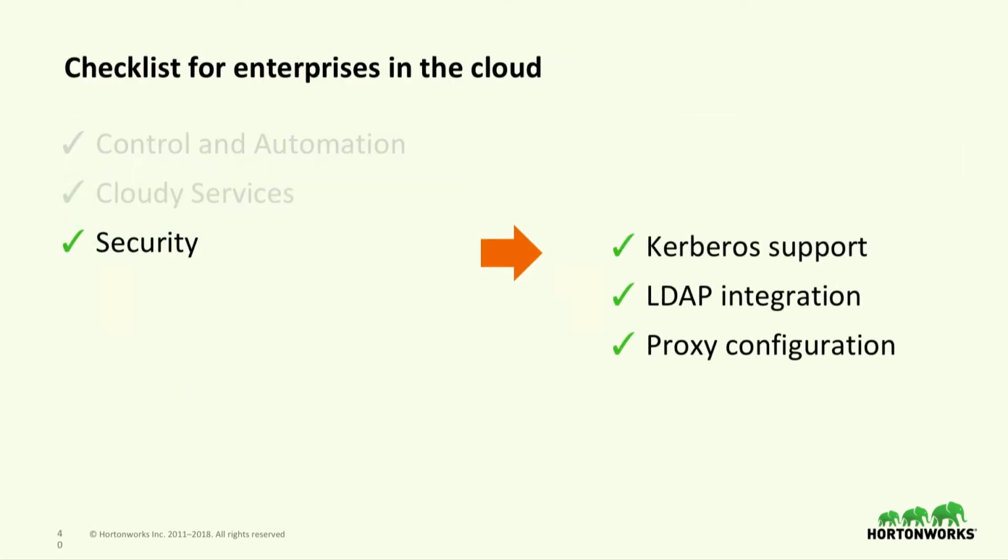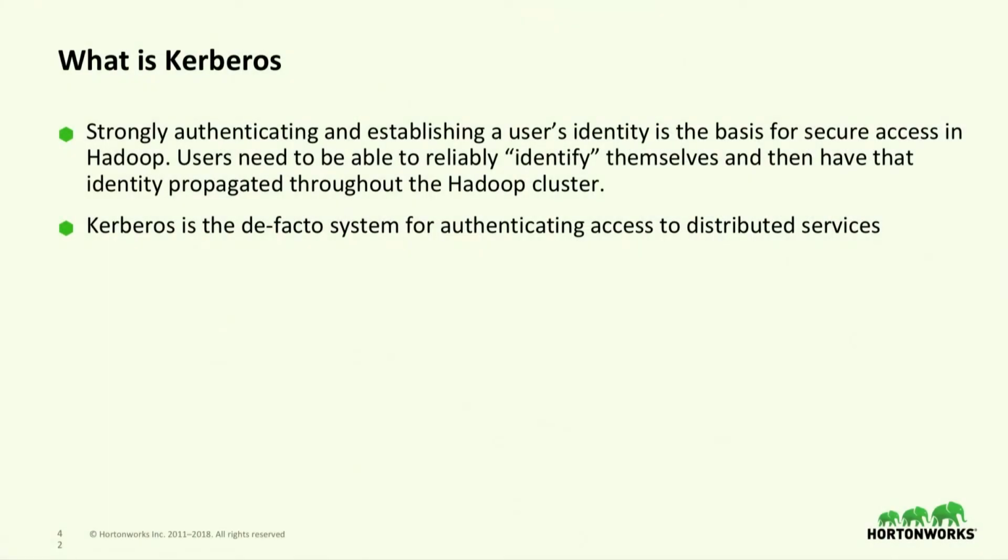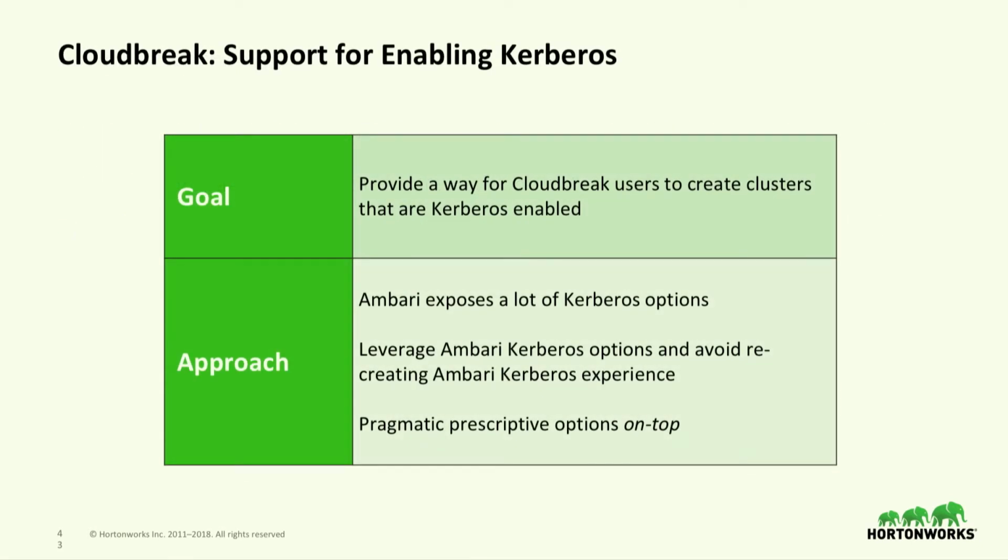Okay, so what about security? Most probably you have already heard about Kerberos. It's the de facto standard for authenticating inside the distributed system. And the good news is that all the feature set that Ambari provides, which is a very rich feature set, is exposed through Cloudbreak as well.